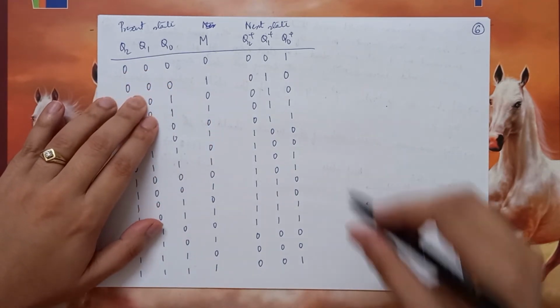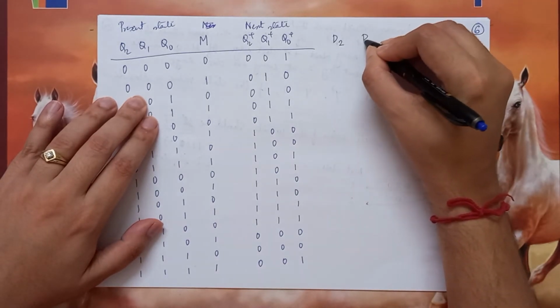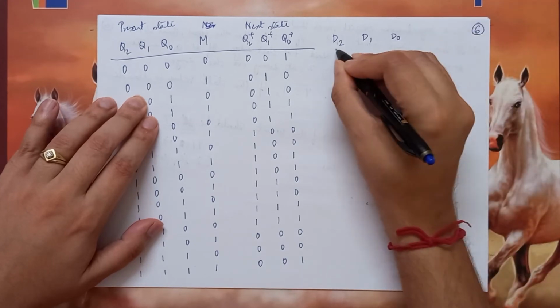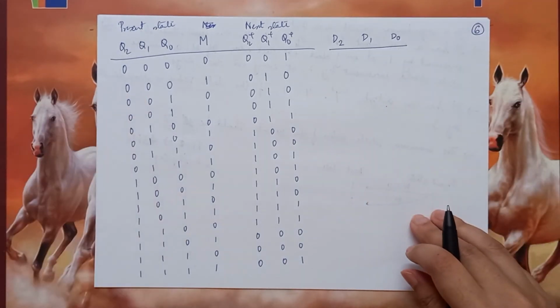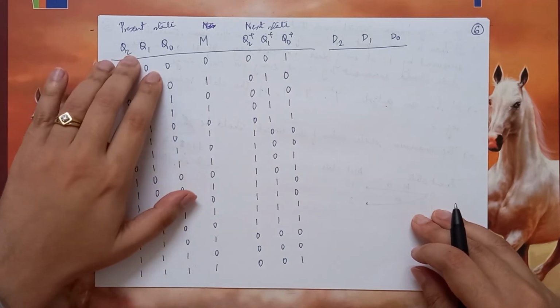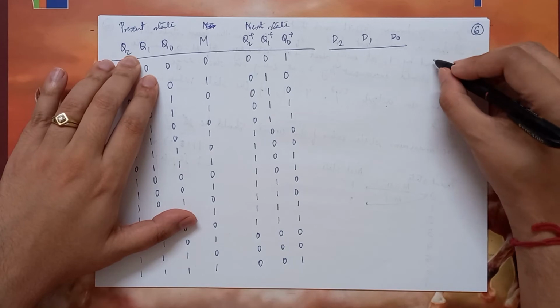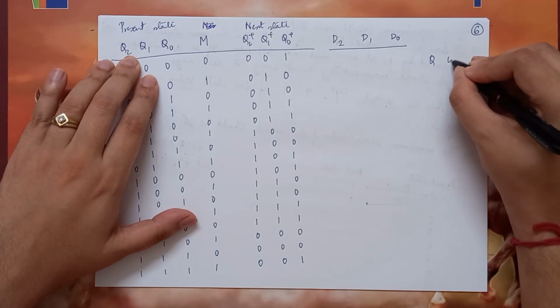Okay. So now we will have 3 D flip-flops whose inputs will be D2, D1 and D0. So from the excitation table of the D flip-flop, the excitation table looks something like this.